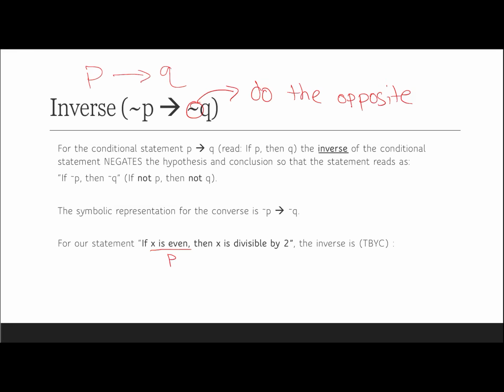X is even is the hypothesis, statement P. X is divisible by 2 is statement Q, the conclusion. So our inverse statement is if x is not even, that is not statement P. X is not divisible by 2 is not statement Q. So we have this form, if not P, then not Q.